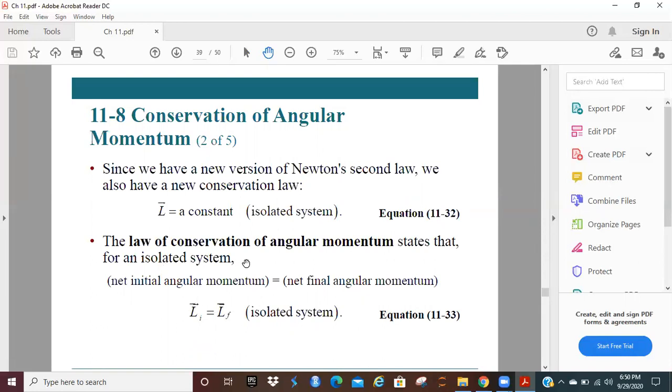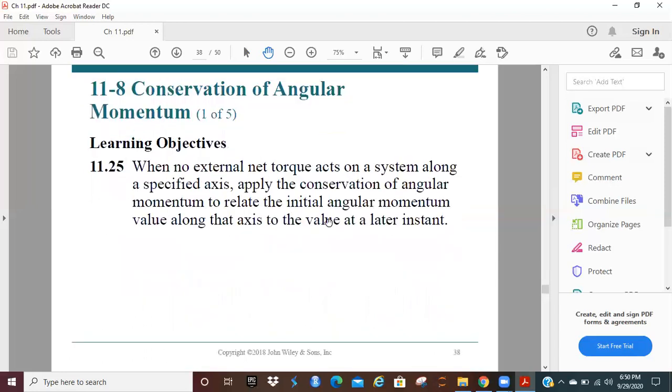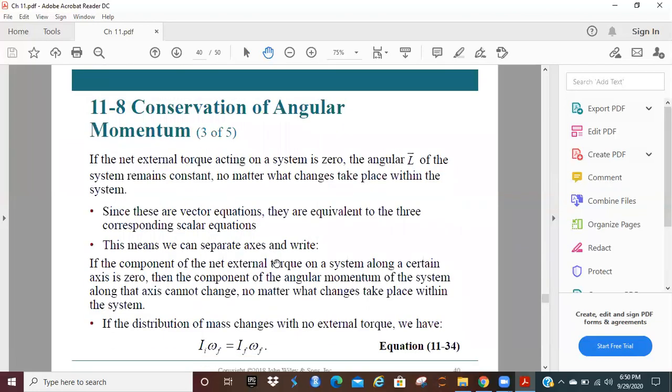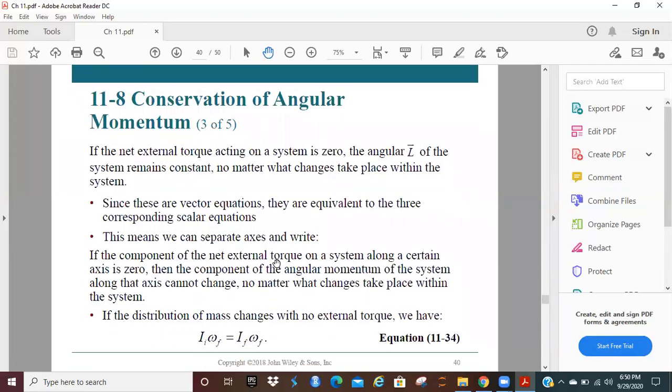If you have an isolated system, then your angular momentum is going to be considered to be constant. There is no net external torque on the system. If the net external torque acting on the system is zero, then the angular momentum of the system remains constant no matter what changes take place within the system.